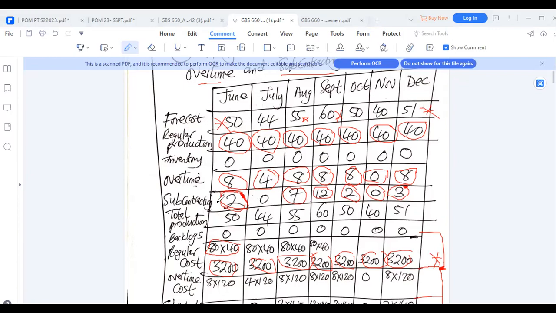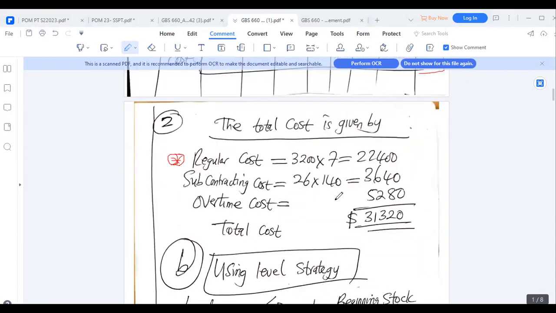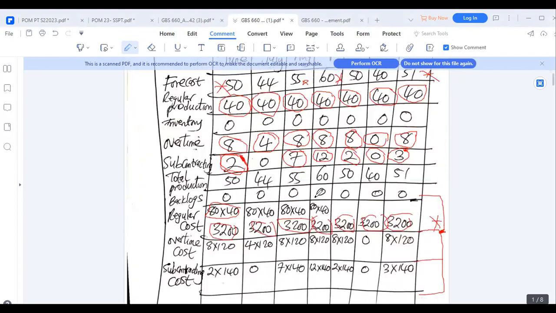So the total units that were subcontracted, the addition of all these ones, we multiply by the subcontracting cost per unit, and we add these ones. This is the total cost of this plan, 31,320. The overtime cost was the result of adding these costs, this one by this one, the amount coming from these units, and so on.